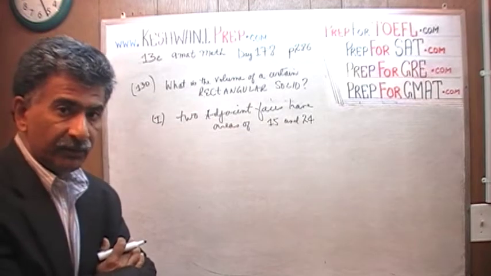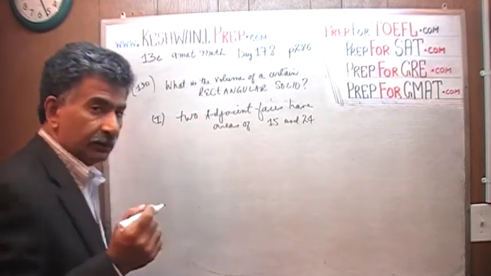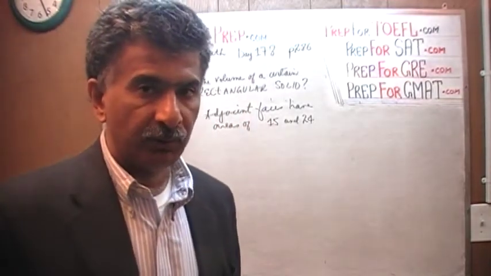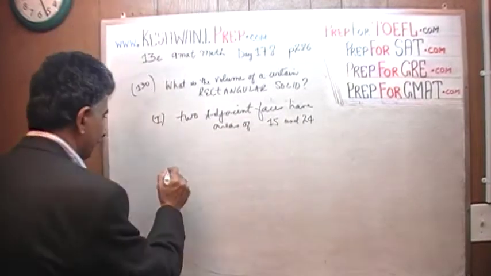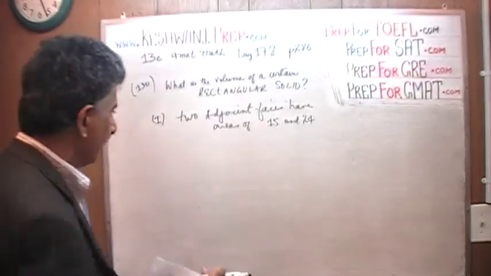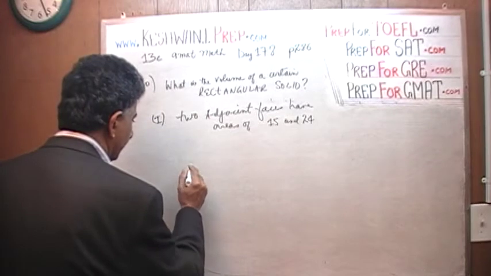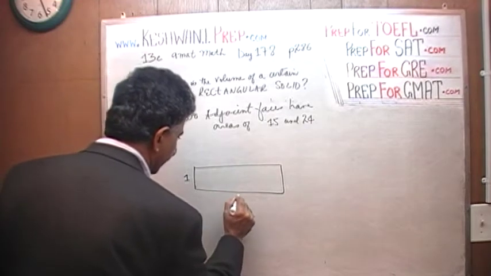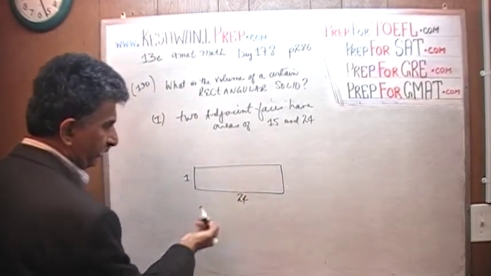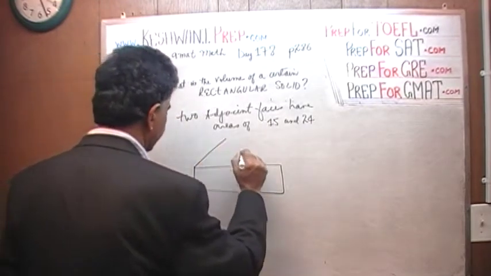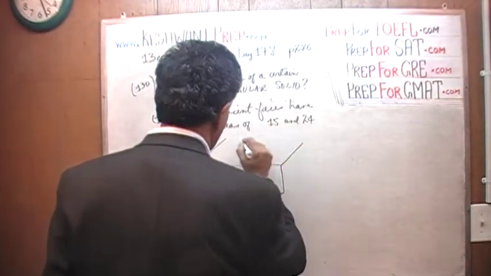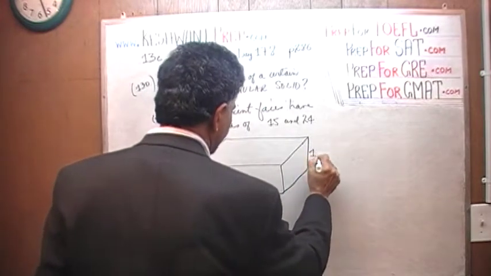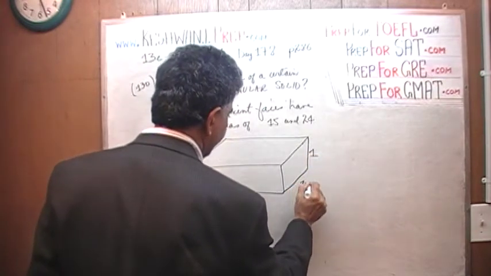Simply telling us the area of two faces, the thing to do here is to think of some weird scenario, some scenario that most people do not think of. For example, what if one side is only 1? If one side is 1, we could possibly be looking at a rectangular box that looks something like this. Let's say this is 1 and this is 24, so this face has the area of 24, and this side is 1, and maybe this side is 15.